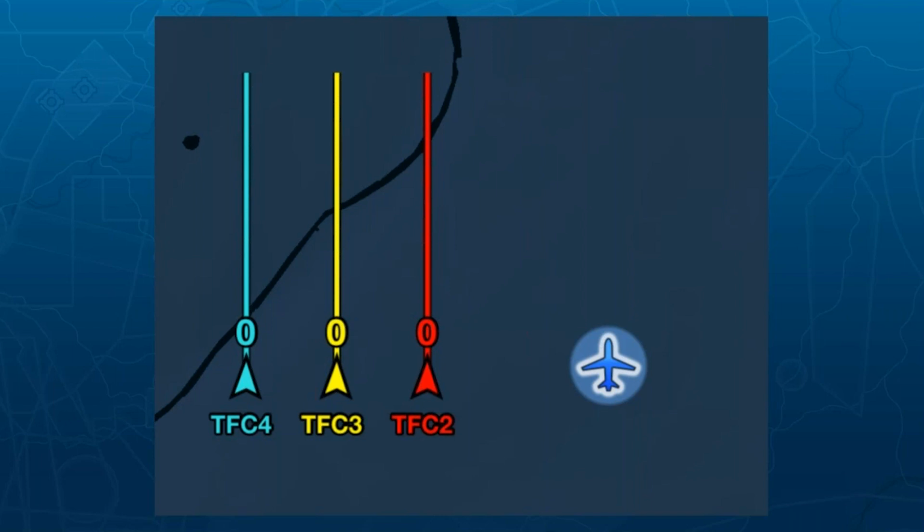So it's an interesting way of looking at this, where rather than looking at where each traffic target is right now, we're looking at where it will be relative to you, up to a minute in the future. That's really what's determining how we alert you about these traffic targets.